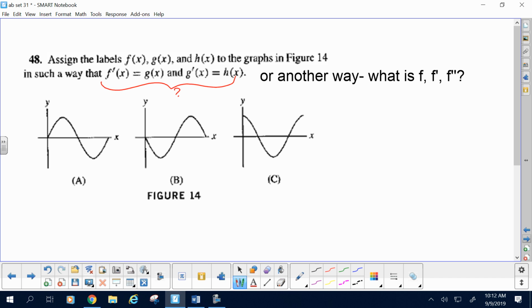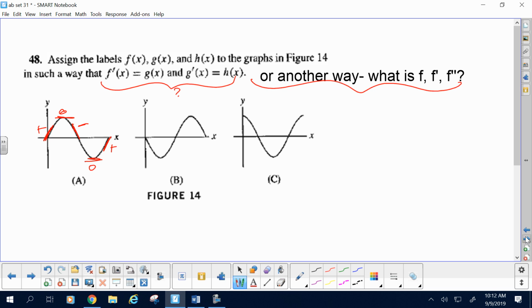So let's approach it this way, and let's do it together, shall we? I don't know which one this is, so I'm just going to start saying, what if I took the derivative of this? I'm going to do red derivative slopes. Positive, 0, negative, 0, positive. Is there a graph next to it that has positive 0, negative 0, positive, or 2 zeros?